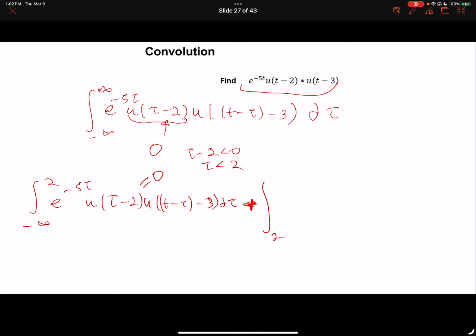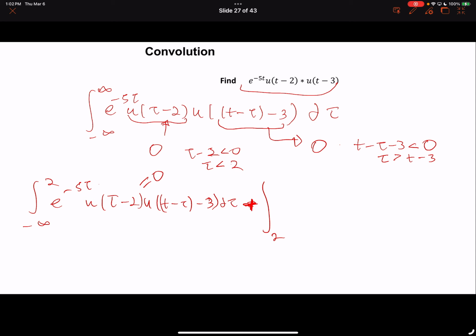Now let's look at this other unit step function, which will be 0 whenever t minus tau minus 3 is less than 0, which means whenever tau is greater than t minus 3. So I just moved the tau to the other side.